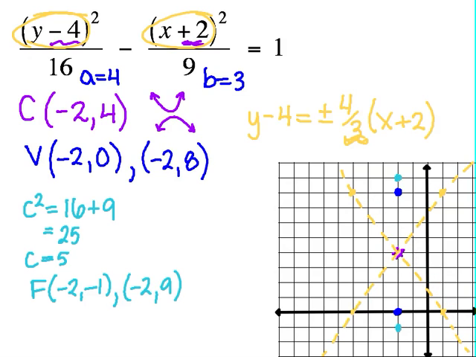So now those are our guidelines. Let's go and draw the hyperbola in. So there you go. Questions? Lots of steps. You have to keep them straight from ellipses as well.